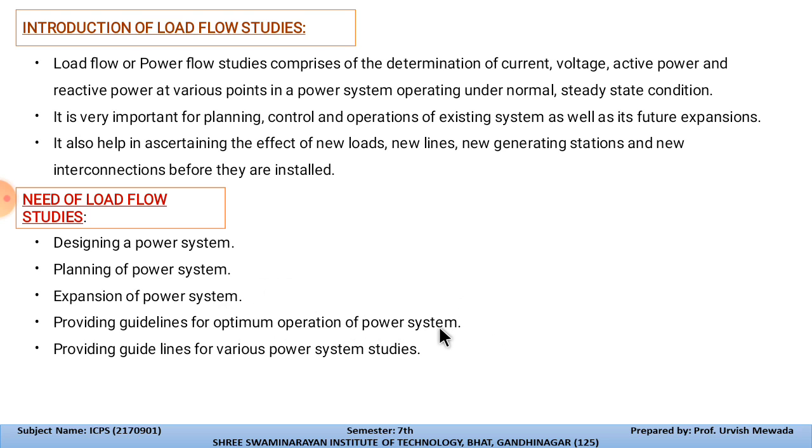Then it provides the guidelines for various power system studies also. So whenever we perform the load flow studies, it gives the information about the power transformation, as well as it can be useful for the future expansion, planning and operation of the power system. So this is the introduction of load flow studies and the necessity of the load flow studies.